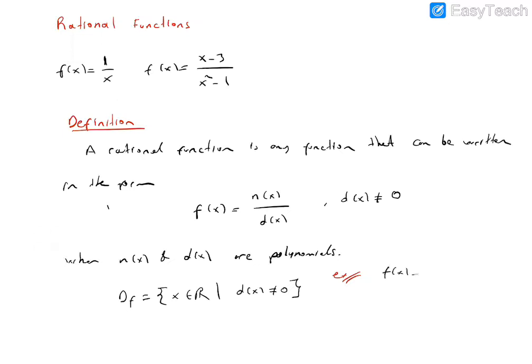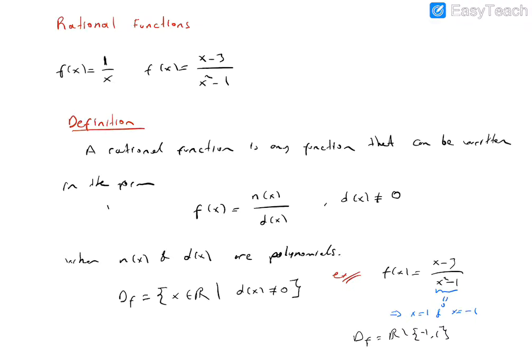F of x equals x minus 3 over x squared minus 1. The denominator is 0 for x equals 1 and minus 1. So the domain of f is all real numbers except minus 1 and 1. Okay, so this set is the domain of this rational function.